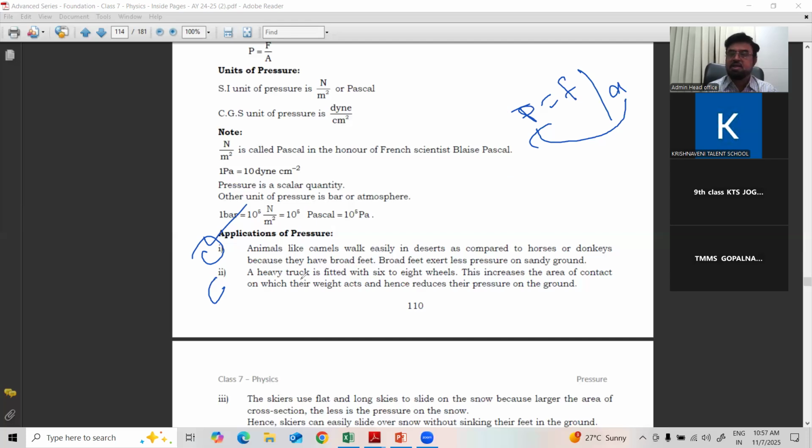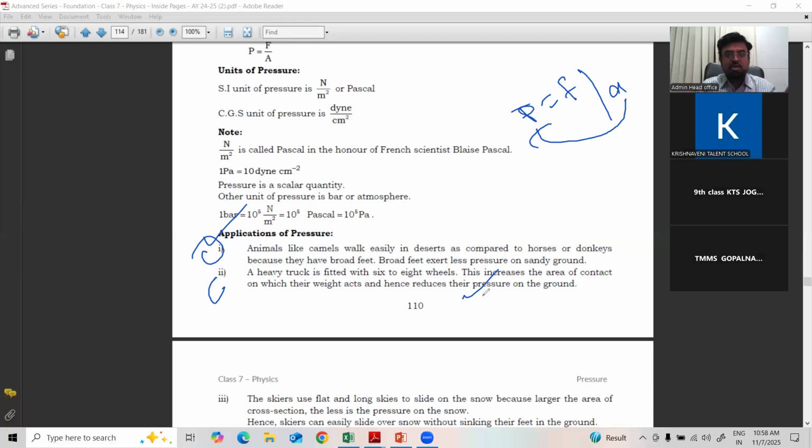Then a heavy truck is fitted with 6 or 8 wheels. This increases the area of contact on which the weight acts, hence reduces the pressure. You see two-wheelers, three-wheelers, four-wheelers, and very big trucks which carry containers have so many wheels. Why are they using so many wheels? Greater the number of wheels, greater the area of contact with the road.